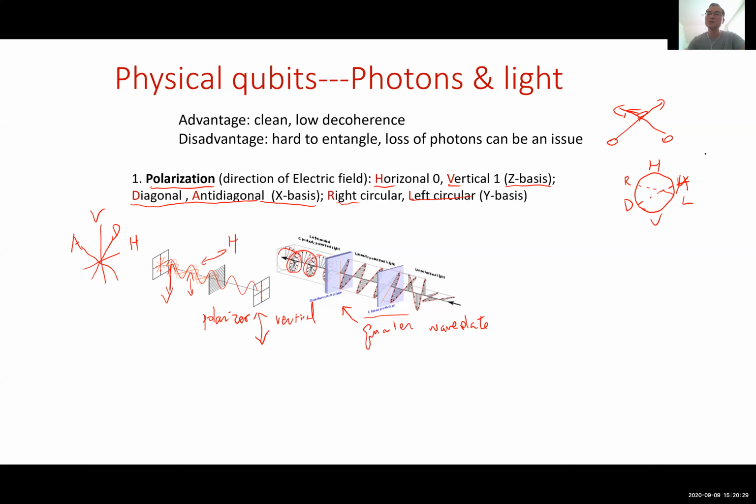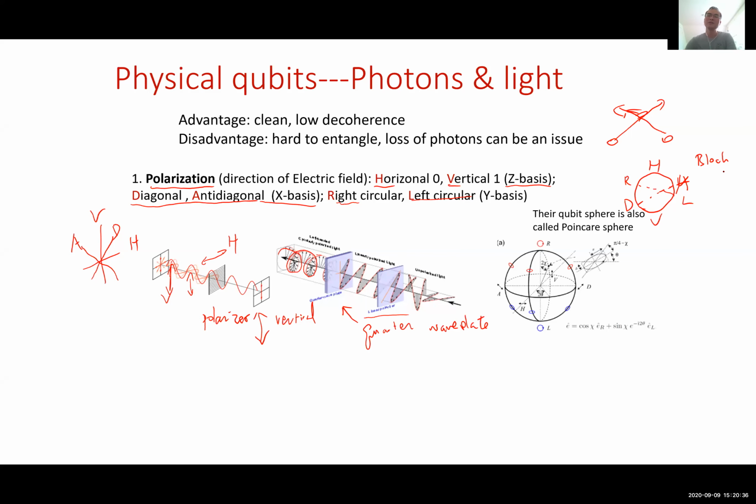This is the Bloch sphere picture, but in optics, they have their own sphere called the Poincare sphere, but it's a bit rotated. So with R at the North Pole and L at the South Pole, D in the y, and H in the x direction, V in the minus x direction.